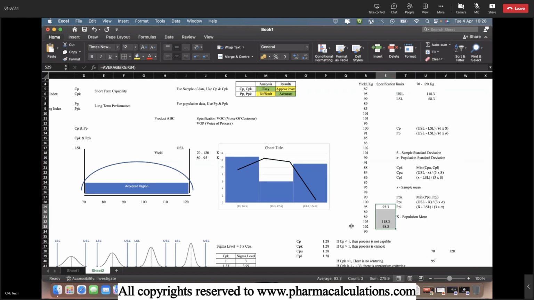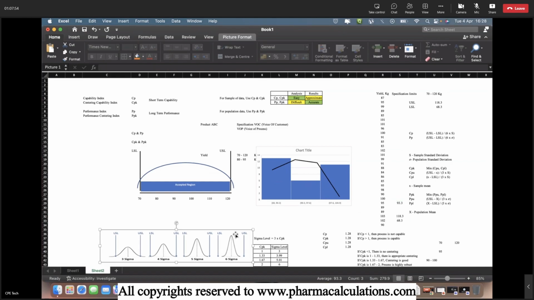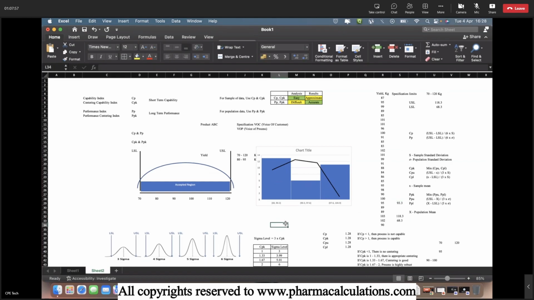Okay, so this is how we have to estimate these indices, and we have to propose certain changes with respect to statistical analysis. Previously the CPK was 0.84, the sigma level was 2.52, and now the sigma level is 3.84, so it's almost 4 sigma. So previously it was 2.5 sigma and now we have increased up to 4 sigma.